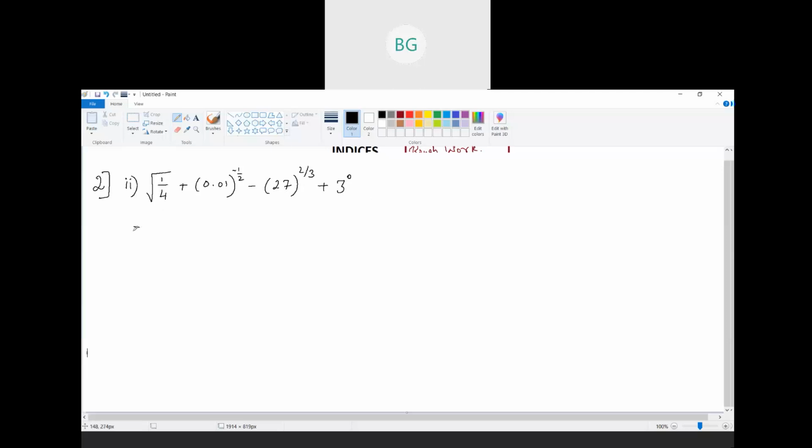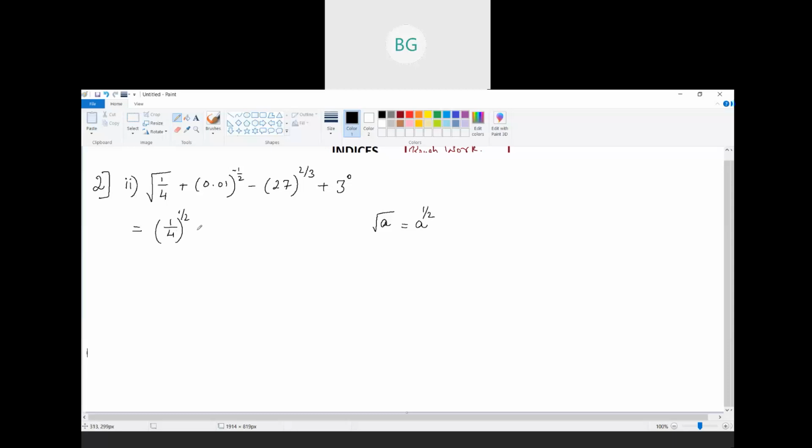Right? Now as we can see, first one is root 1 by 4. Now as I said, root a can also be written as a raised to 1 by 2. Right? So this root 1 by 4, we can write it as 1 upon 4 raised to 1 by 2.